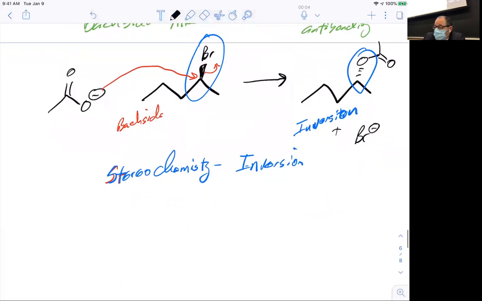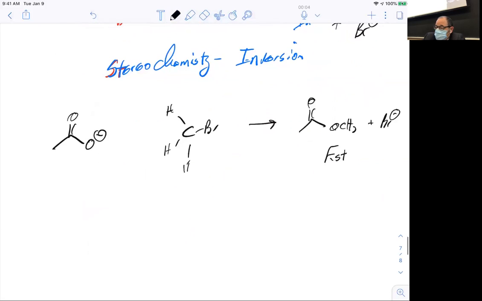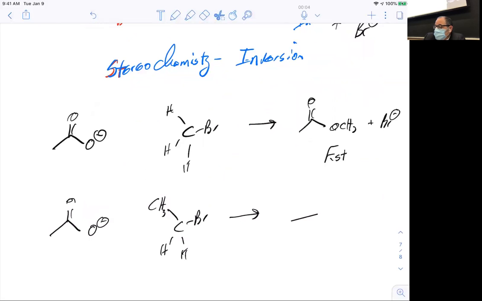The other impact of this backside attack is if I have something, this my nucleophile, if all of a sudden I change my substrate, and what we're looking at here is, you know, this one is a methyl, this one is primary.